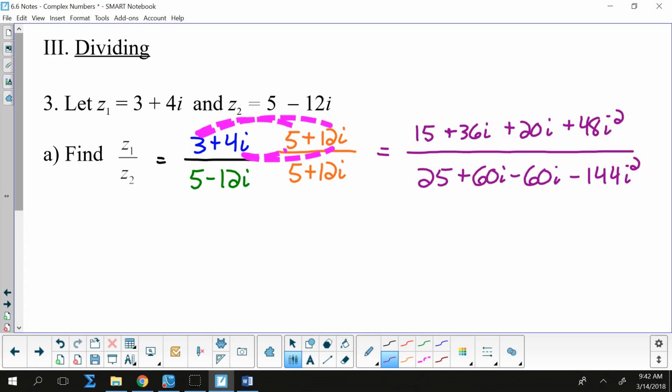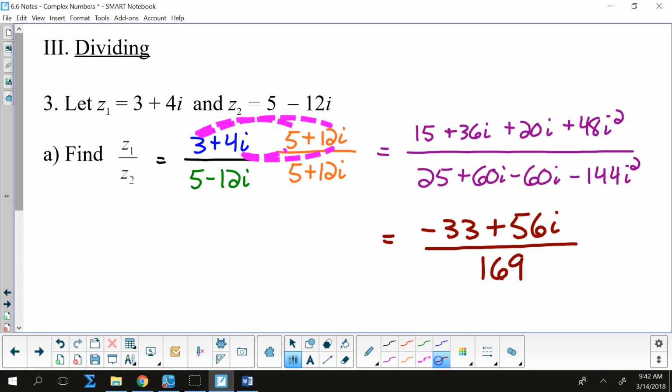Top. What does the top become? -33 plus 56i. Bottom. What does the bottom become? Should be 169, right? Okay.